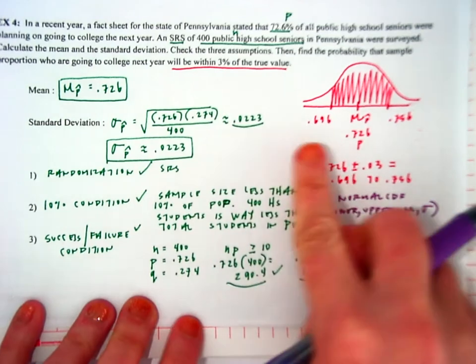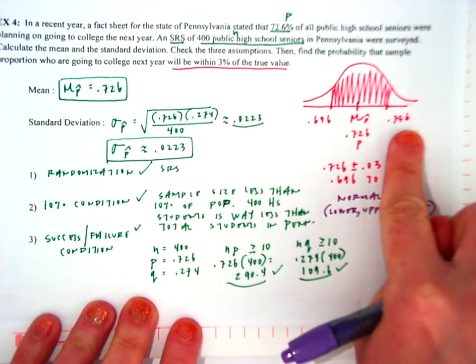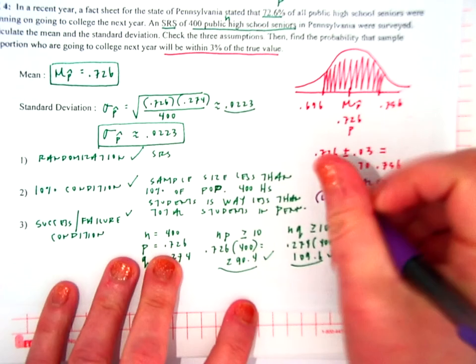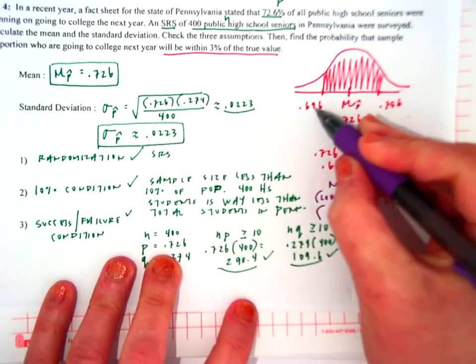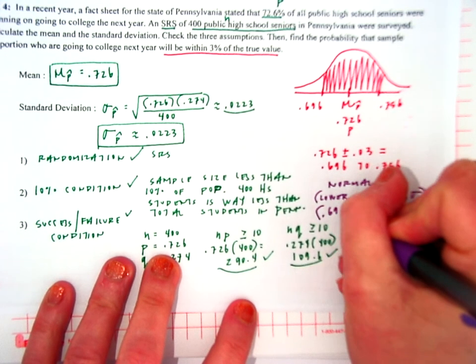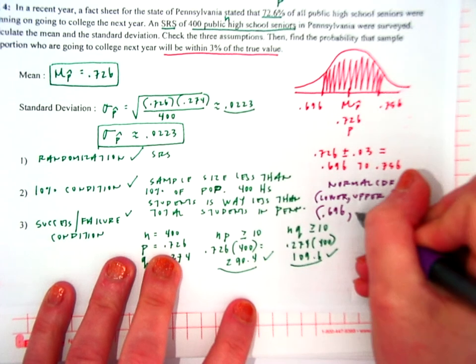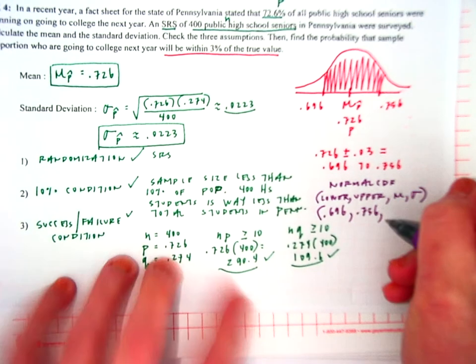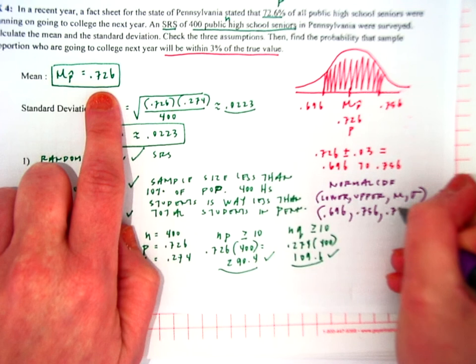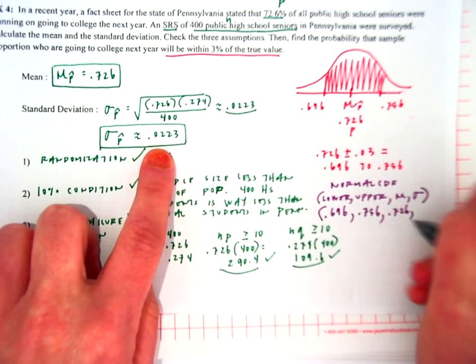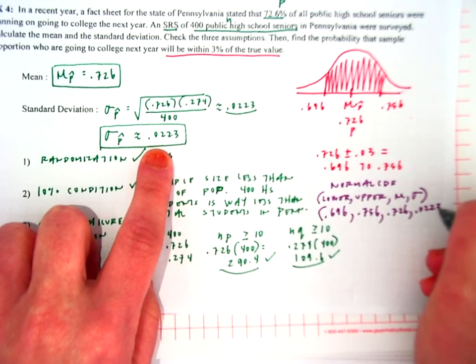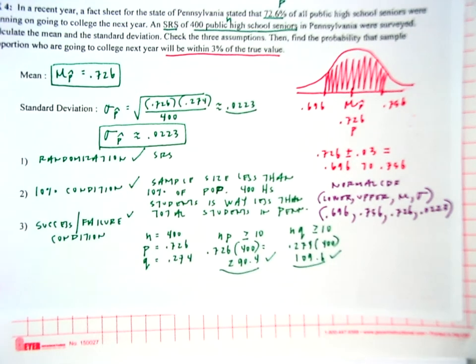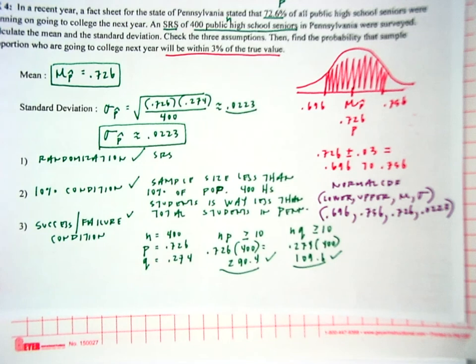So to remind you, when we do normal CDF, we always plug in that lower boundary, the upper boundary, the mean, and the standard deviation. So if I want to use my raw data here, I need to build off of my mean and my standard deviation, and I need to tell it the lower and upper boundaries. So my lower boundary, so I'm going to do normal CDF, my lower boundary will be 0.696.